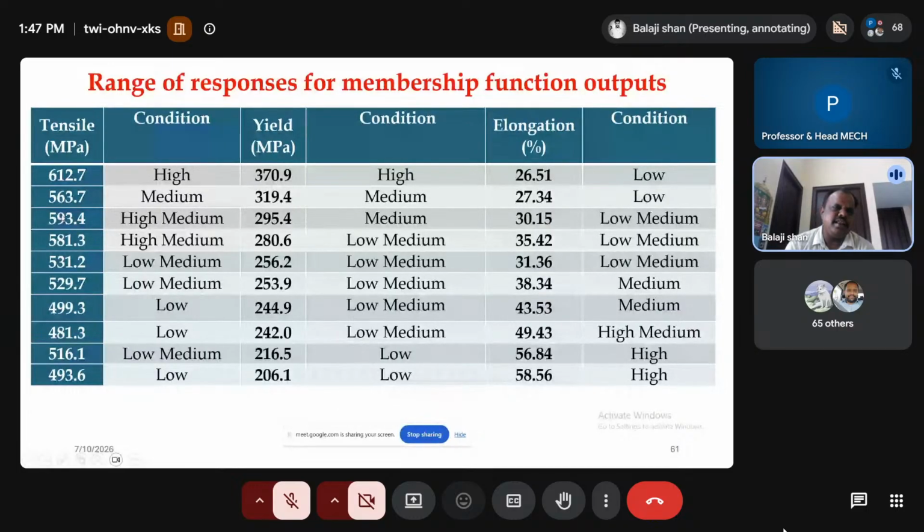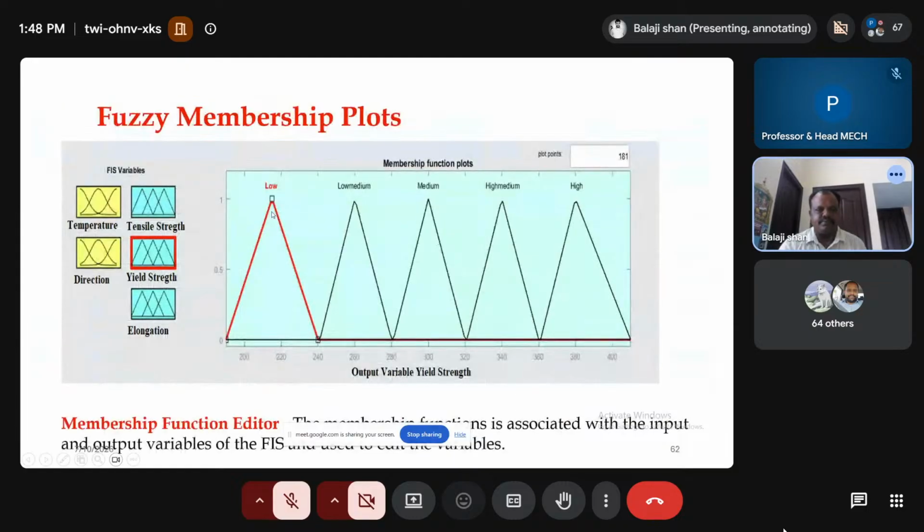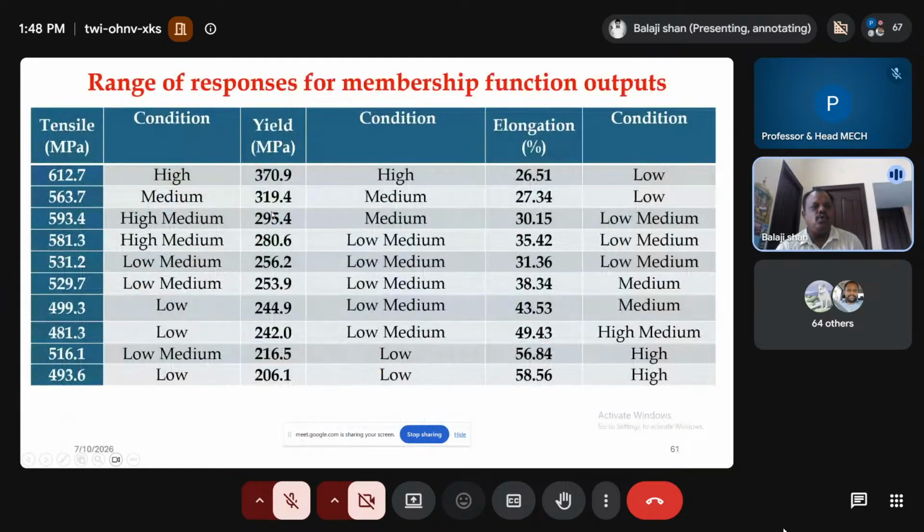Based on the results, we create the conditions: which one is the low value and which one is the high value. You can see out of these 10 readings, 481 is the very low and 612 is the highest value. So in between low and high, I classified the results as low, medium low, medium, high medium, and high.